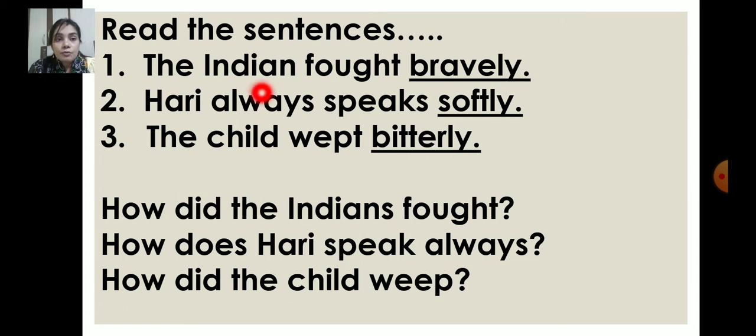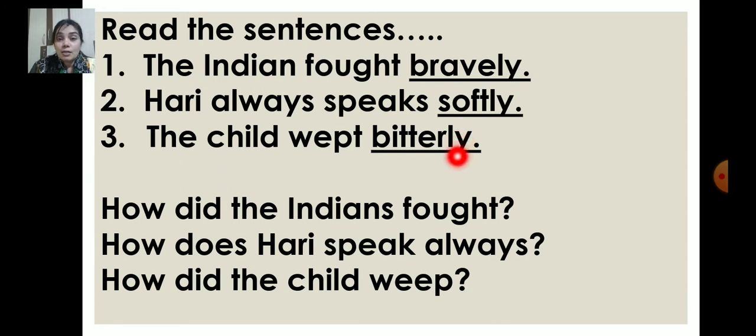The Indians fought bravely. So how did the Indians fight? Bravely. So you got the answer. So this bravely is the adverb of manner. Hari always speaks softly. So how does Hari speak? Softly.